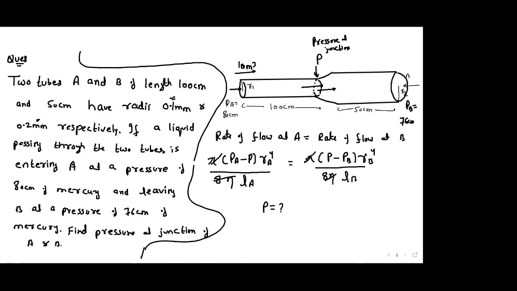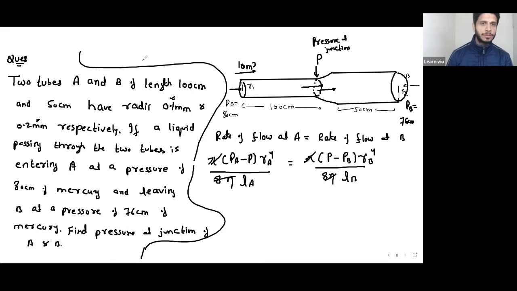How much is P here? So I'm just substituting the values. PA, how much is PA? PA is 80, minus P, R to the power 4. So RA is 0.1, it's 0.1 to the power 4 divided by LA. LA is 100. This is P minus PB.